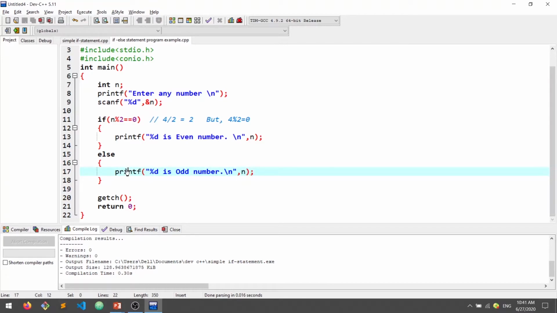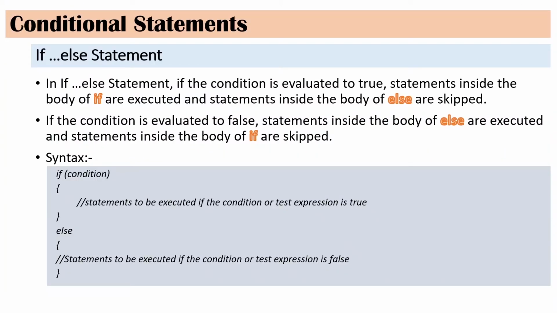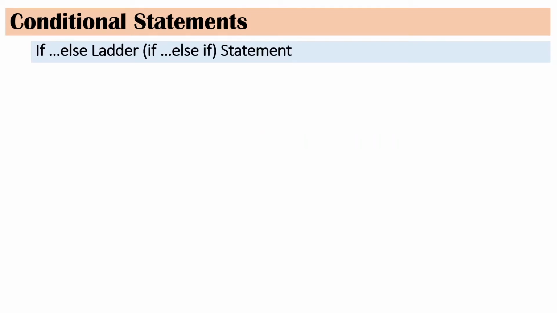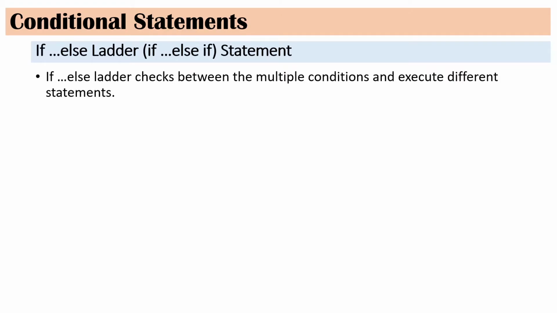This is how we can find even or odd number in C programming. So this is the simple flow of if-else statement. Now next is if-else ladder, that means if-else-if statement. If-else ladder checks between multiple conditions and executes different statements. It consists of multiple else if blocks and checks multiple conditions and executes the code based on those conditions.